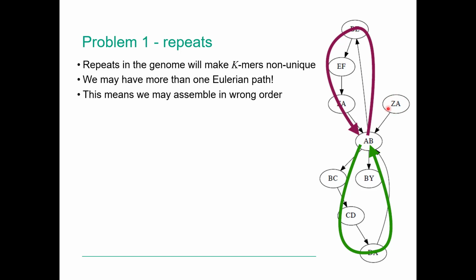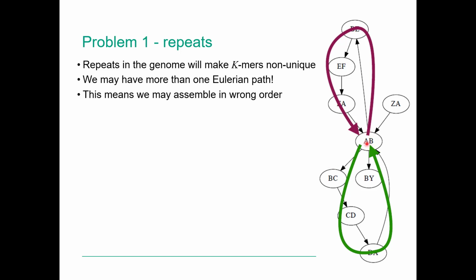So you can see this 2-mer here overlaps with this one here, with one letter only, because it's only 2-mers. And now you can see that after this AB, it overlaps both with BE up here. It was not so easy to see, but it also overlaps with BC here, right? Because of the B.